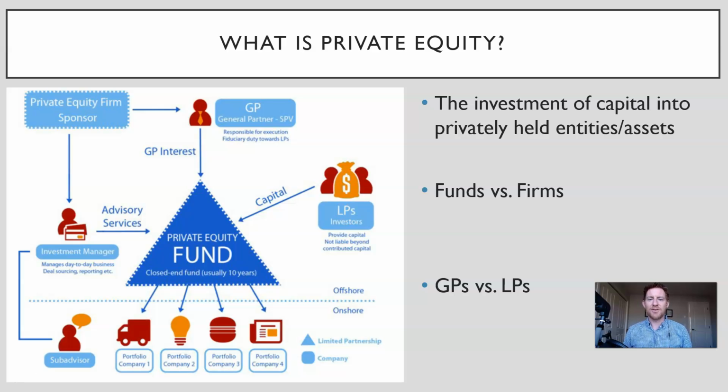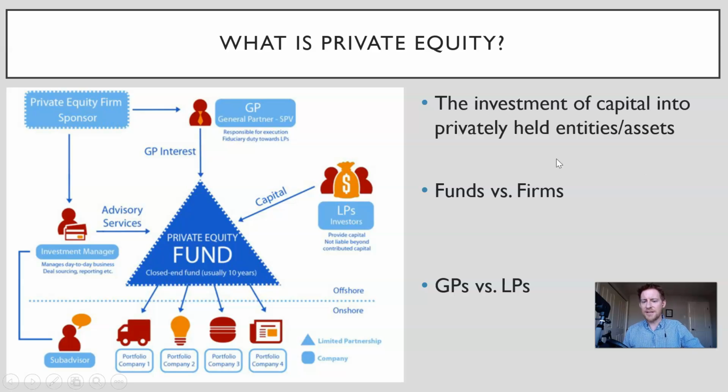So GPs are the general partners and LPs are the limited partners. And we'll go through this big chart in a moment to show the differences between the two. But GPs, LPs, those are part of a limited liability partnership organizational structure.